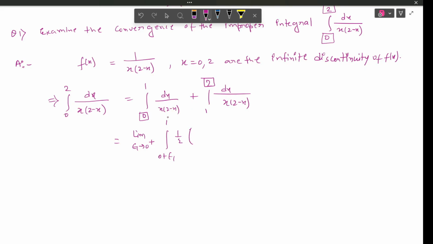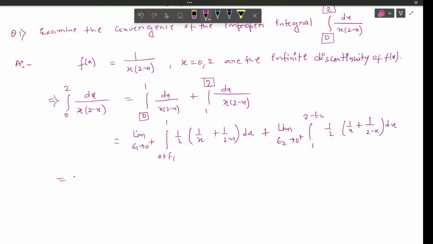We can write this thing as 1 by x plus 1 by 2 minus x. See, if you take LCM, it will be 2 minus x plus x, so x and x will cancel out, and you will have 2 in the numerator. So we have to cancel that numerator, so we have divided by 2. dx plus limit epsilon 2 tends to 0 plus integration 1 to 2 minus epsilon 2, half of 1 by x plus 1 by 2 minus x dx.